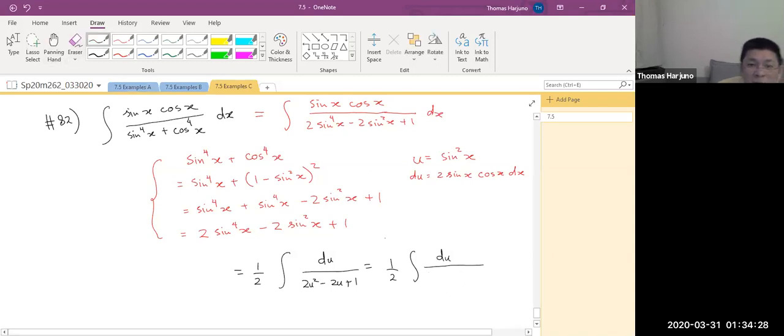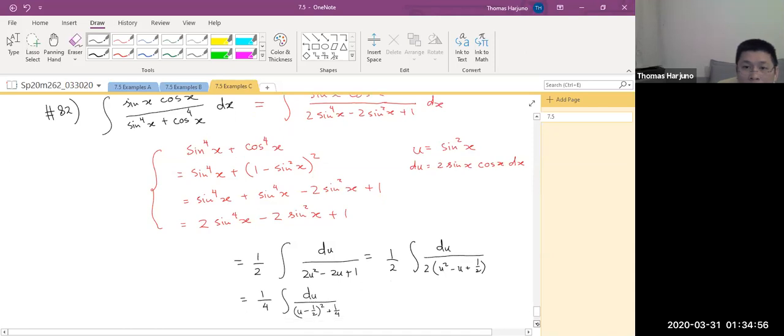Let me factor the 2 out first so that I have a better view. Don't forget, this is number 82, not supposed to be easy, right? So that would be u minus 1/2 squared plus 1/4.